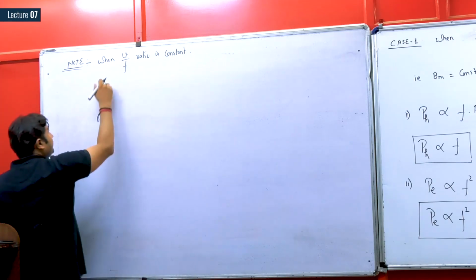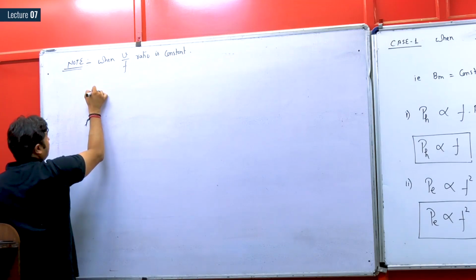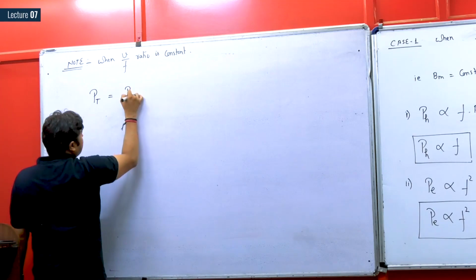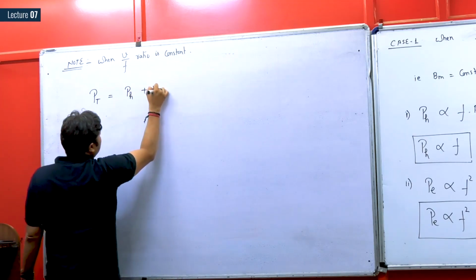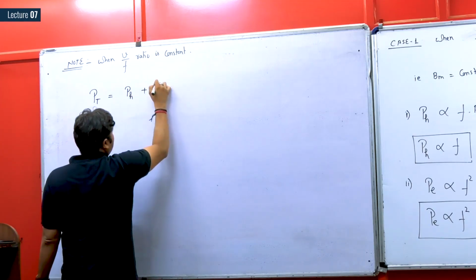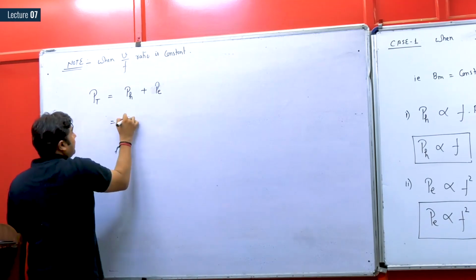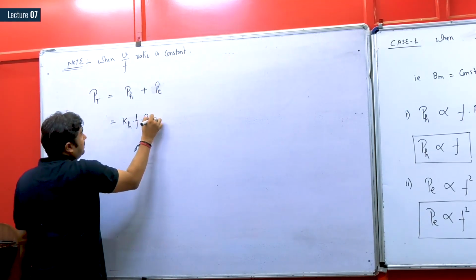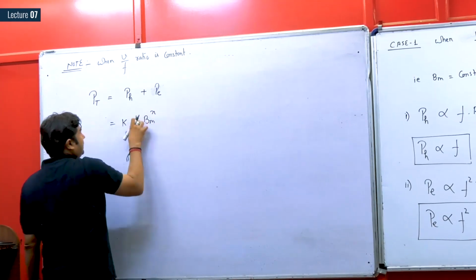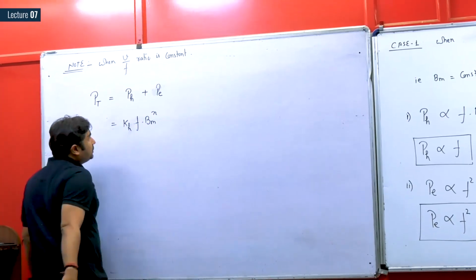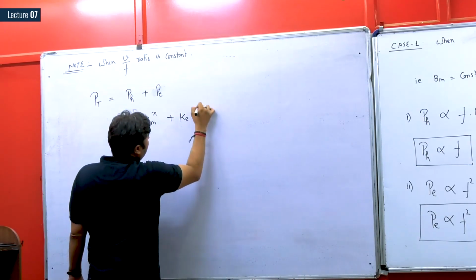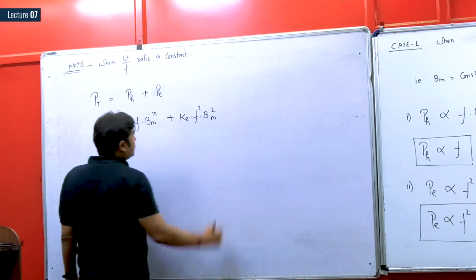So when V by F ratio is constant, one can say the total core loss is hysteresis loss plus eddy current loss, and hysteresis loss is Kh into F into Bm to the power x, plus Ke into F square into Bm square.